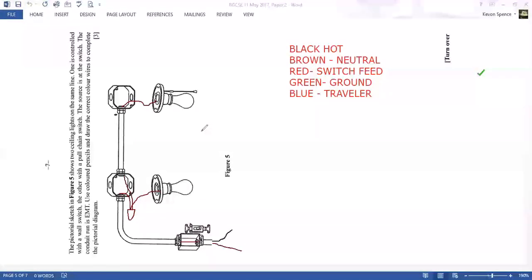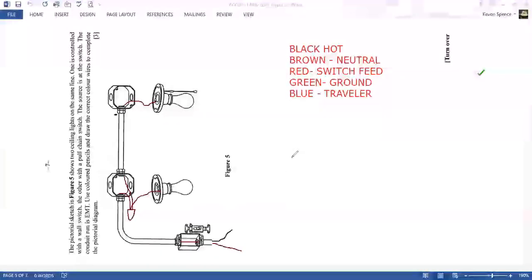The only good thing about this, you don't have to worry about silver or brass screws. Only when you're doing sockets, you gotta make sure you do it tight. So if we have a question with the socket, you'll see.